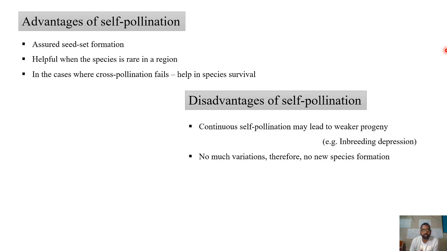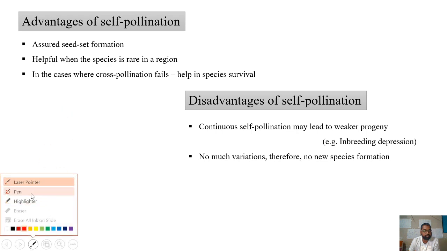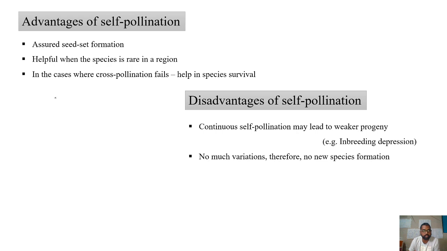Coming to the advantages and disadvantages of self-pollination and cross-pollination. In the case of self-pollination, if you just look into the types of pollination, we have seen three types of pollination: autogamy, geitonogamy, and xenogamy.